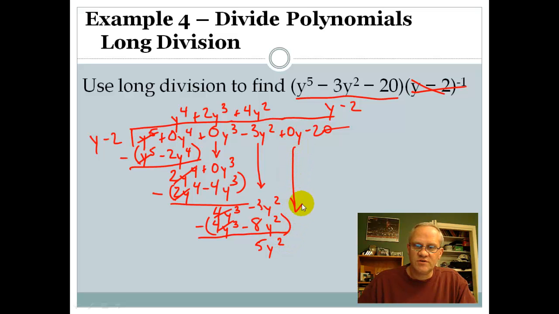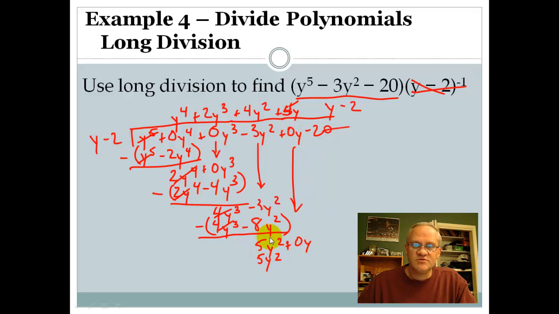Again, if you want to bring down the 0y, you're going to say y times what? 5y. 5y times y is, oops, why did I do that? 5y, sorry. So 5y times y is 5y squared.